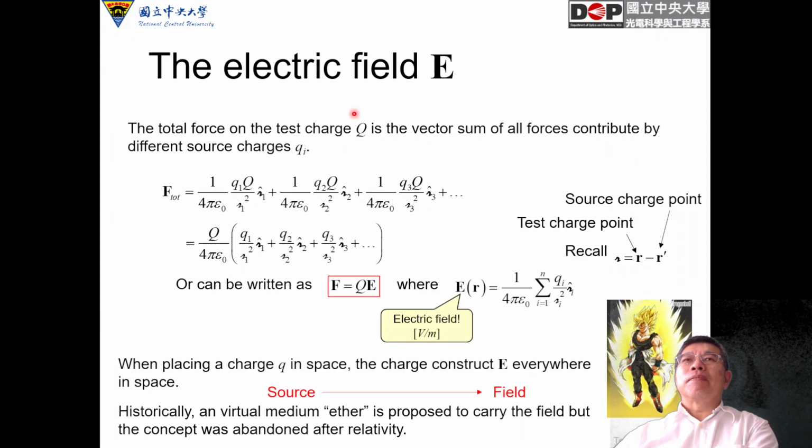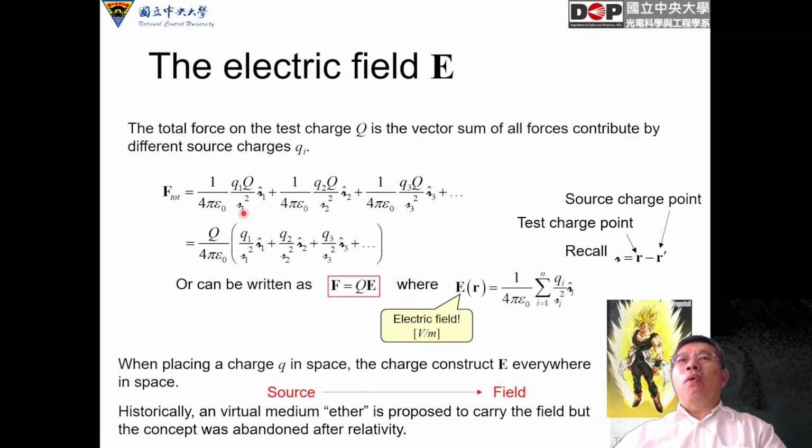Anyway, the electric field E is the sum, just like we said, because the electric field satisfies the superposition principle. So the total force on the test charge, capital Q, is the vector sum of all forces contributed by different source charges Qi. Like we mentioned earlier, we can have several charges, Q1, Q2 to Qi, so we just write everything down and sum them together.